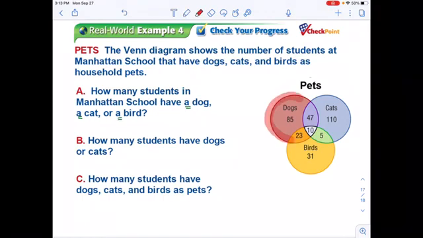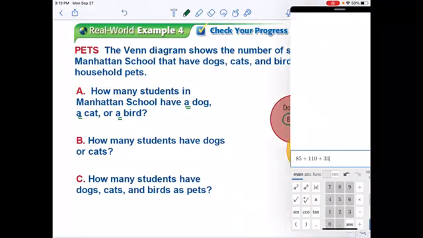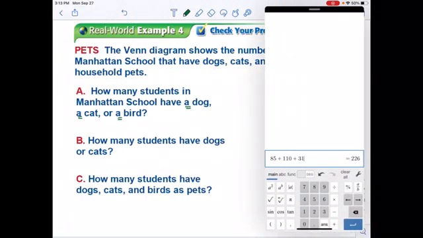Usually with ors, we would include everything within the dogs, everything within the cats, everything within the birds, but because it specifically says a dog, a cat, or a bird, we only want to look at the ones that they have a dog, a cat, or a bird, not where they possibly have both or all three. So we're actually just going to take 85 plus 110 plus 31, and we get 226 students.